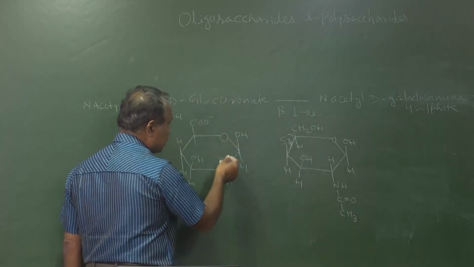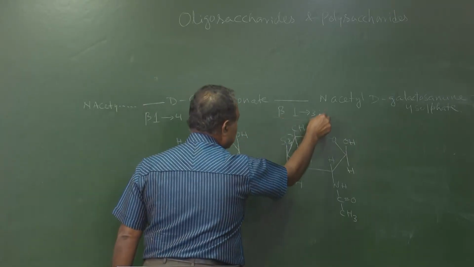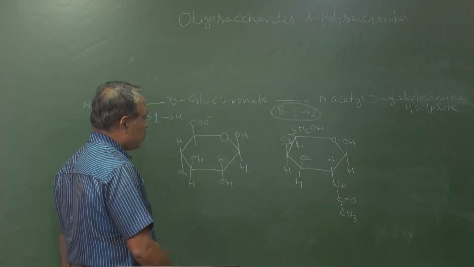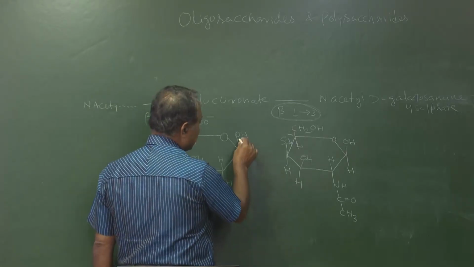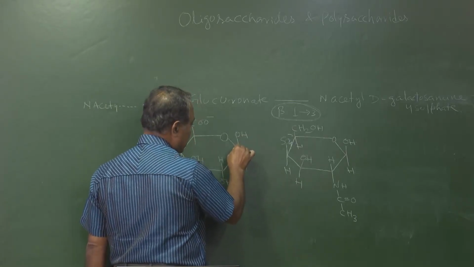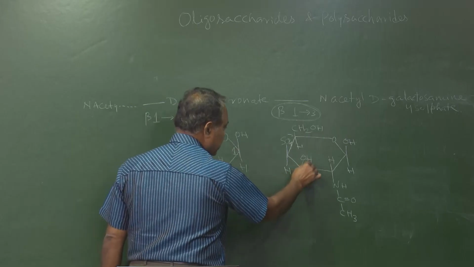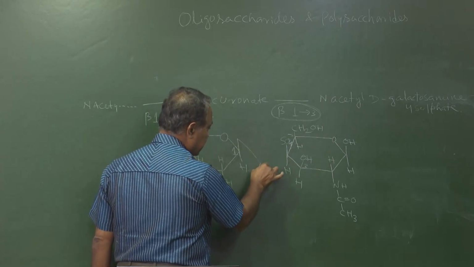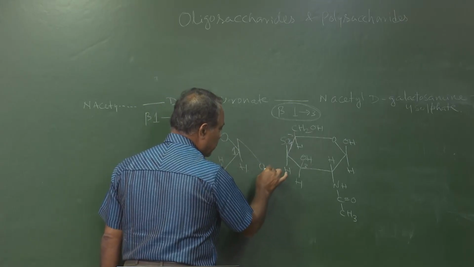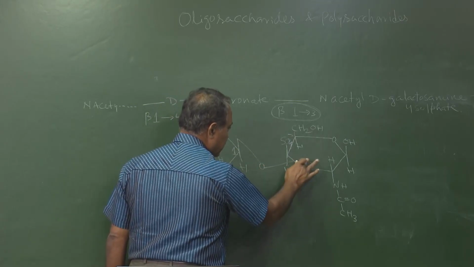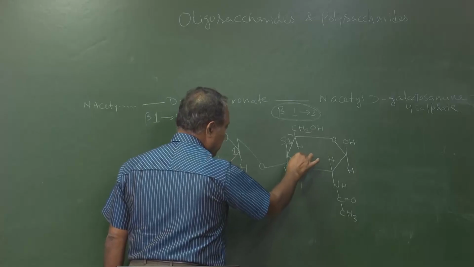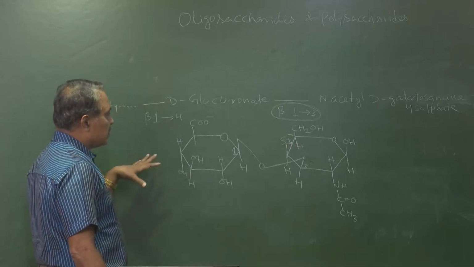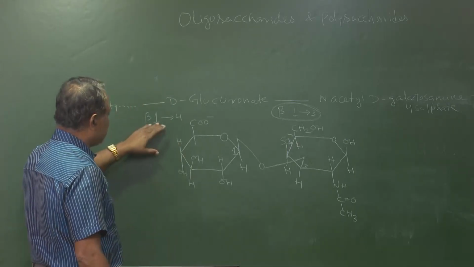Now we will have this. Our important point is this beta 1,3 glycosidic linkage. So how will this beta 1,3 be there? This is the 1 and this is the 3. So we will have the linkage like this. So beta 1,3. And when it comes to the other side, this is beta 1,4.